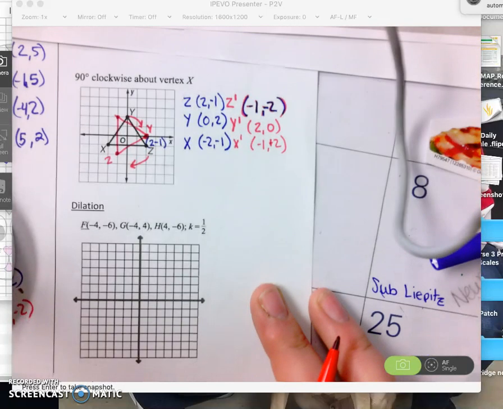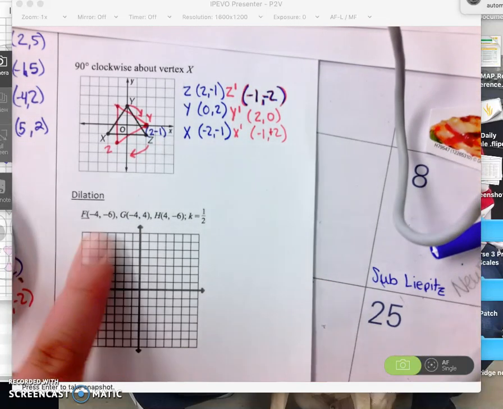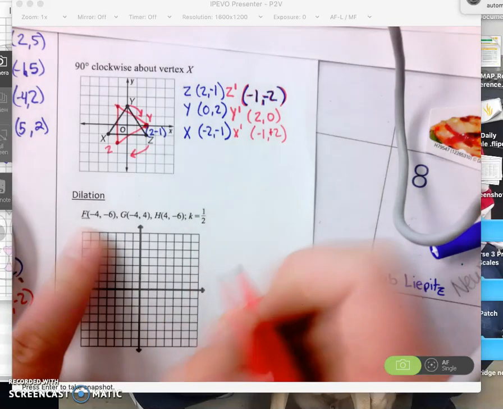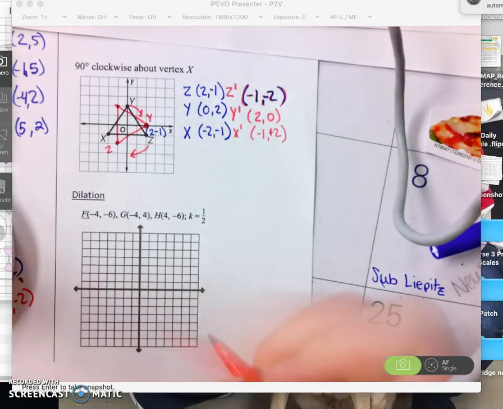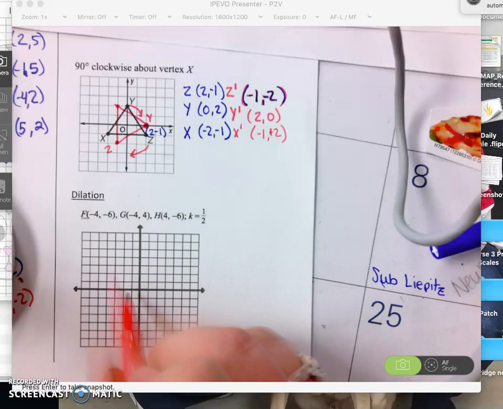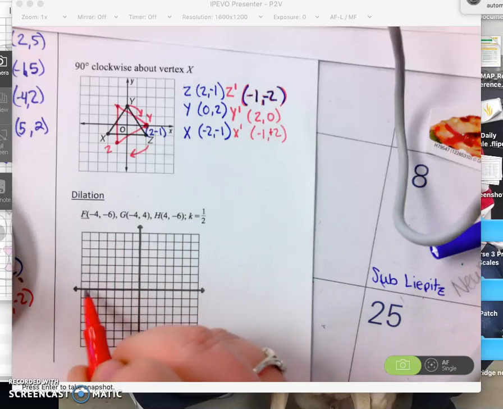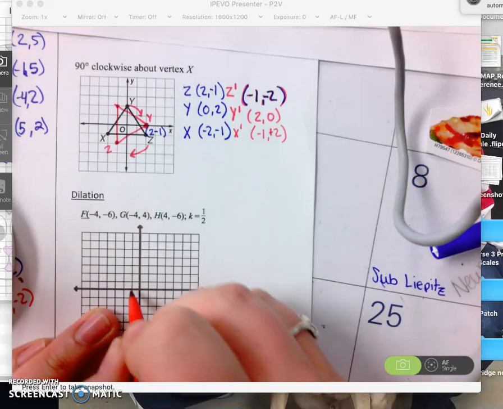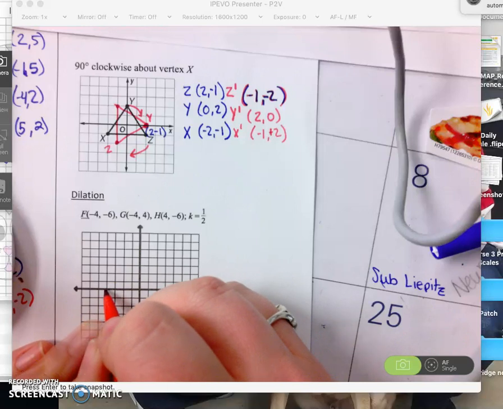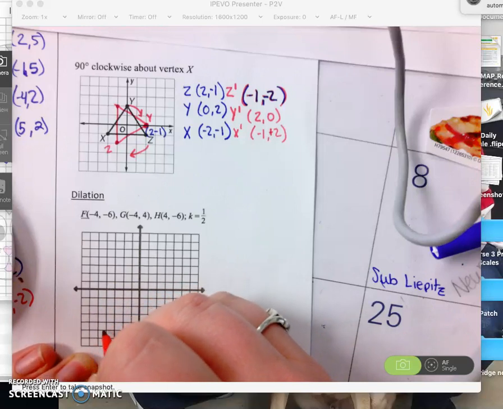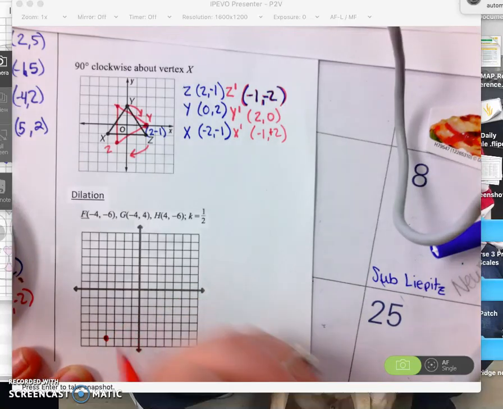Okay, dilation. So we have -4, and let's see, 2, 3, 4, 5, 6, yep. So I have 1, 2, 3, 4, 1, 2, 3, 4, 5, 6. So -4, -6.